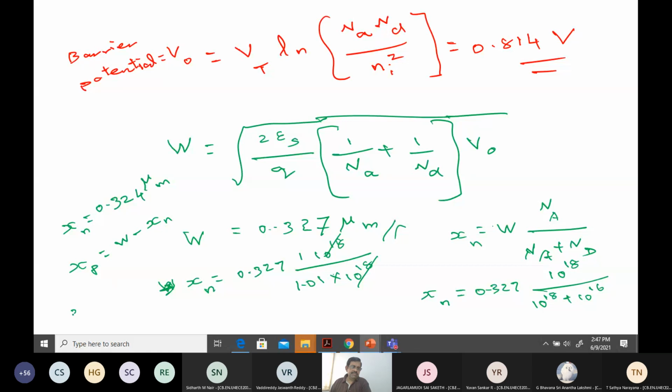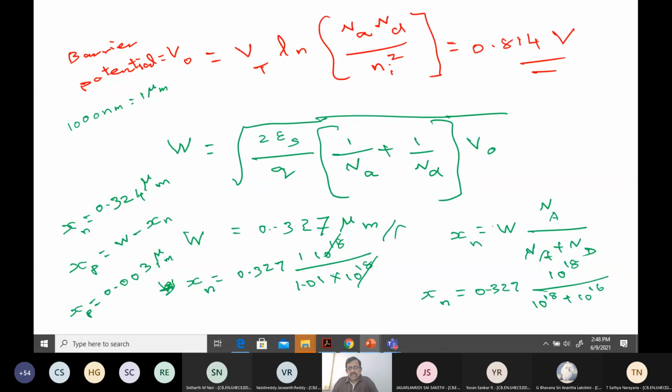And Xp therefore will be W minus Xn, which means Xp will be equivalent to 0.003 micron. So you can see this is like 3 nanometers. 1000 nanometer equal to 1 micron.